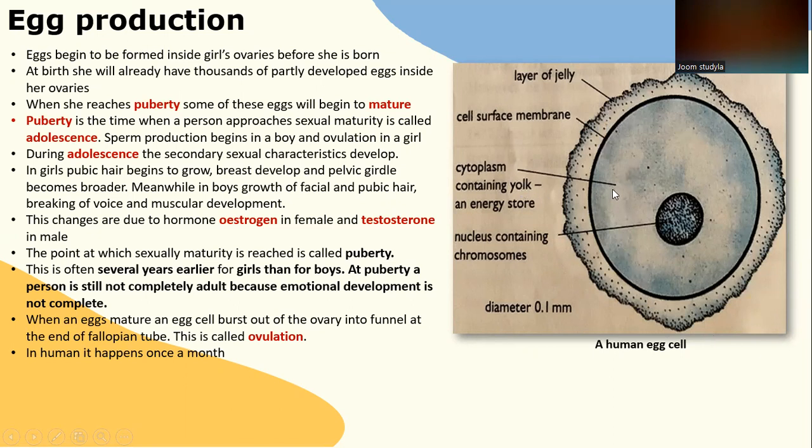The inside is the cytoplasm, which contains yolk, an energy store. In the middle is the nucleus, which contains chromosomes. The size of the human egg cell is about 0.1 millimeter.